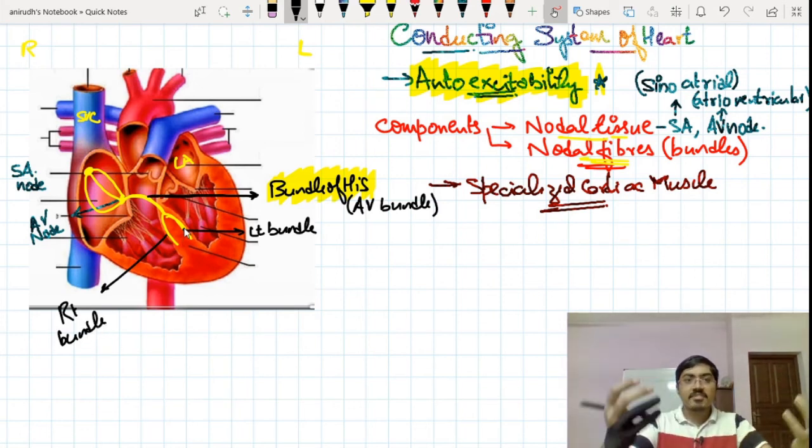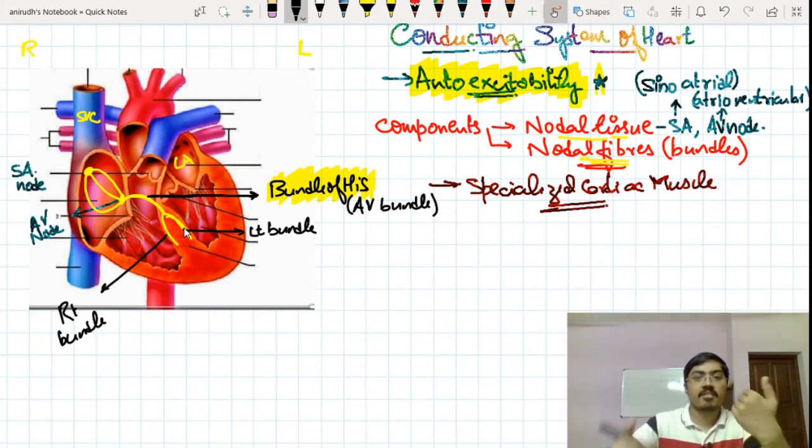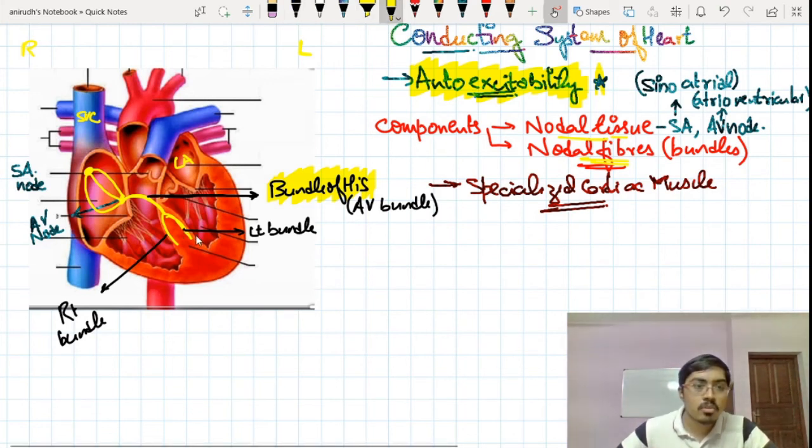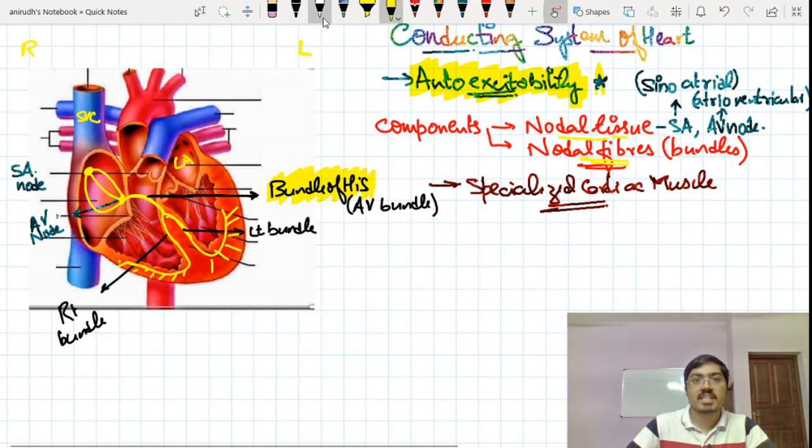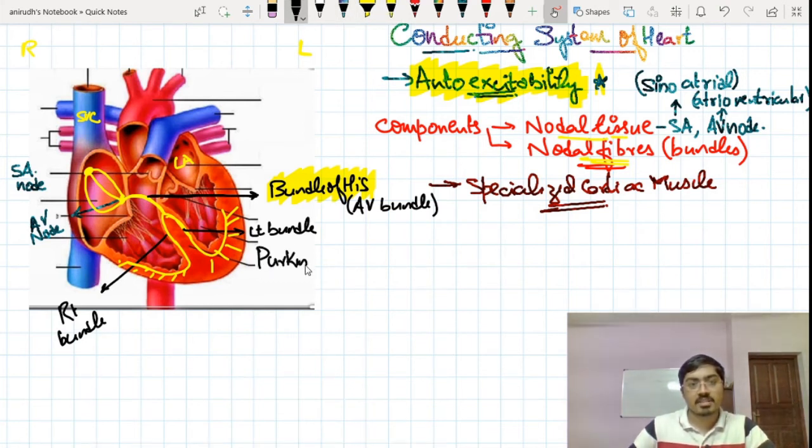The bundle of His divides into the right bundle and left bundle, and this goes all the way down, and then it spreads into the ventricular musculature, the wall of the ventricle, in this way. It gives off several branches. The ending part of the right and left bundles is called the Purkinje fibers.